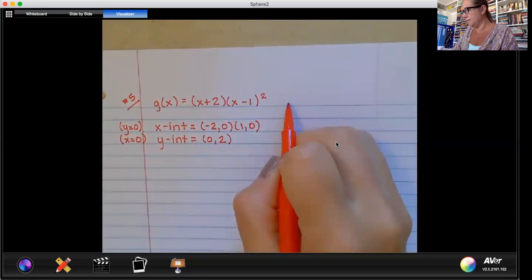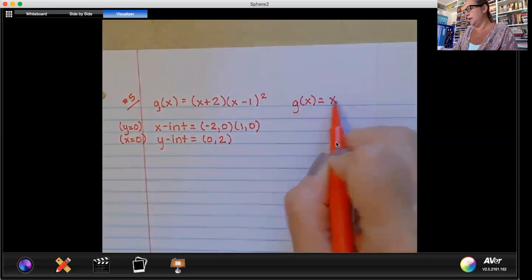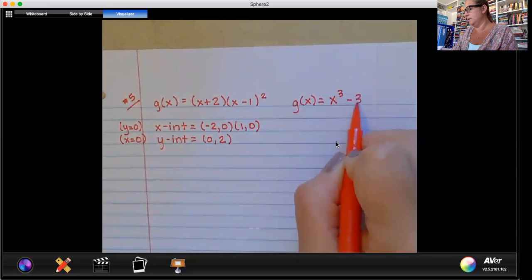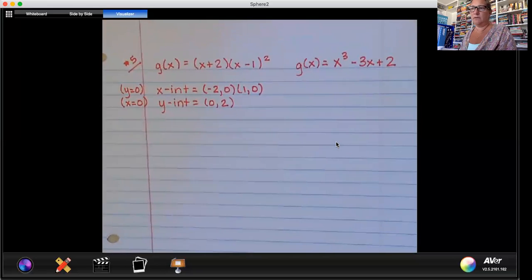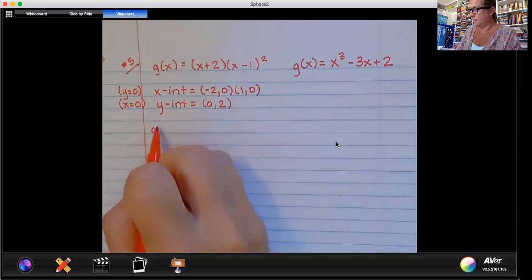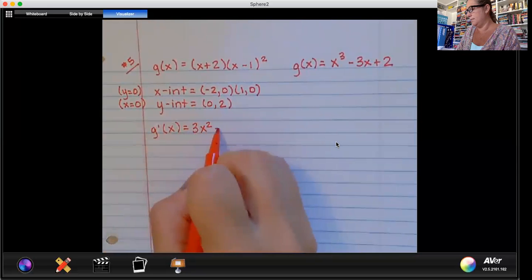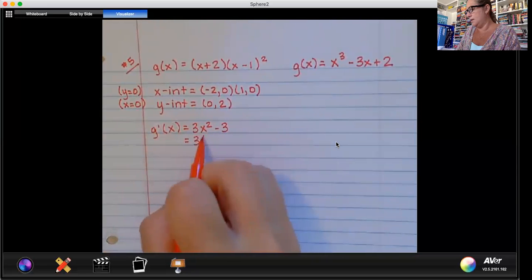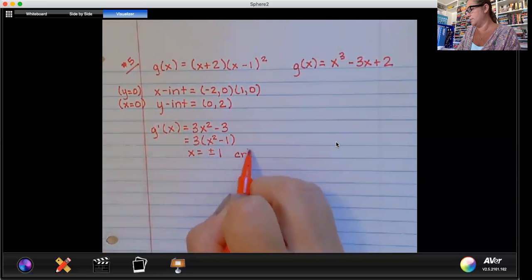Now, for sake of time, I have done my polynomial multiplication, and g of x equals x cubed minus 3x squared plus 2. And I want to do that so that when I find g prime and g double prime, it makes things much easier. So g prime of x is going to be 3x squared minus 3, set that equal to 0, and x equals plus or minus 1 are my critical numbers.